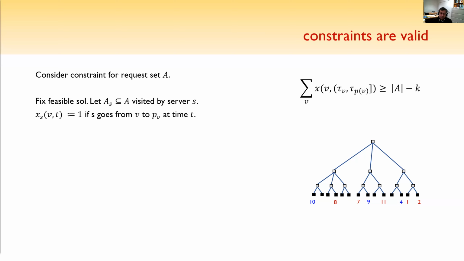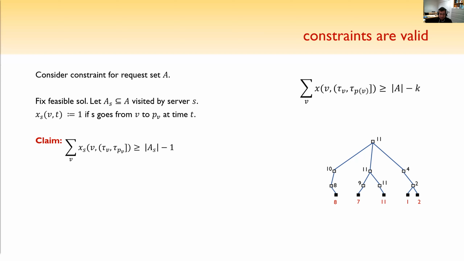Okay, so now we want to claim that these variables that we have set up, x sub v t, actually satisfy the constraint that we have. So let's pare down the tree, the HST, as we were doing earlier, just to the relevant requests, the locations that have requests from A, and label the vertices by the value of tau sub v, as we did on the previous slide.